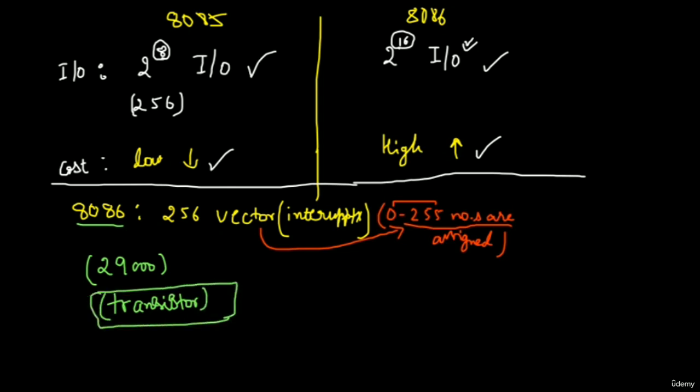This processor came in 1978. If you calculate with 2022, when I'm shooting this course, it is 44 years back. Now it might surprise you: 29,000 transistors, that's a humongous number.